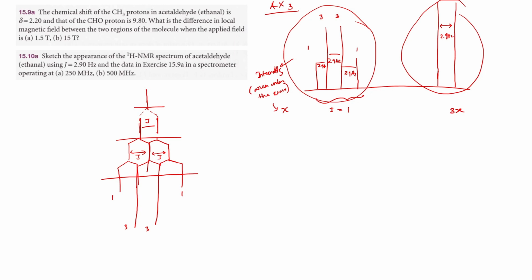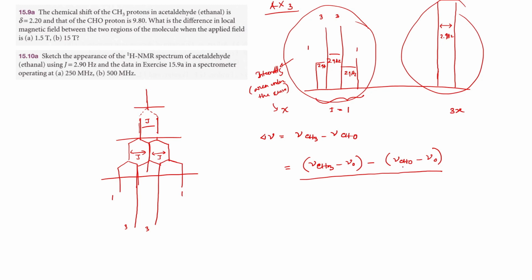The delta nu will change, where delta nu is nu of CH3 minus nu of CHO, which we can write in terms of nu of CH3 minus nu 0, minus nu CHO minus nu 0, right?